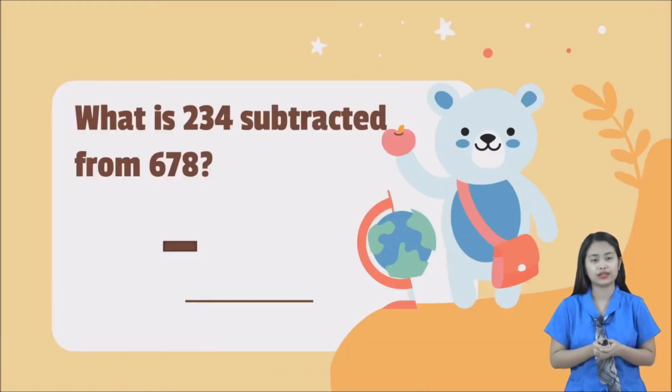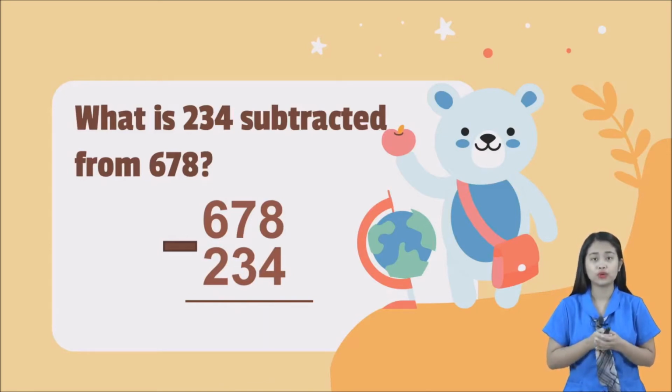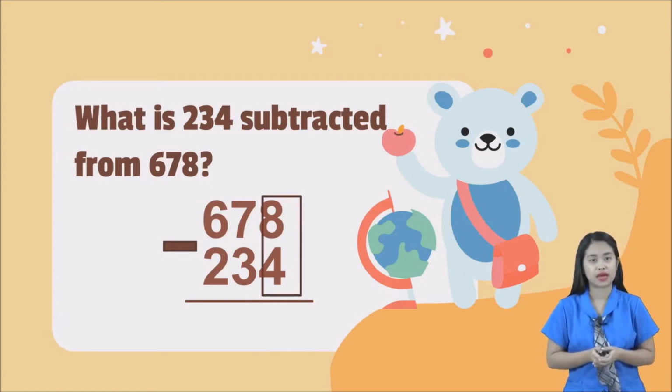Let's answer another problem. So what is 234 subtracted from 678? So we have 678 minus 234. Again, we will start from ones, going to tens, and going to hundreds. The ones are 8 minus 4.